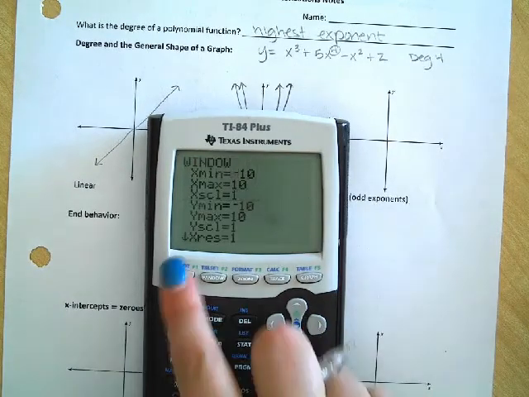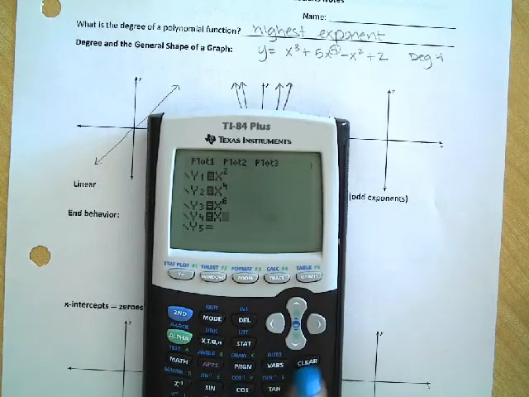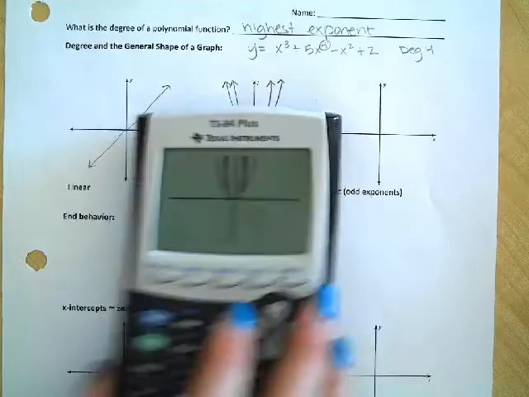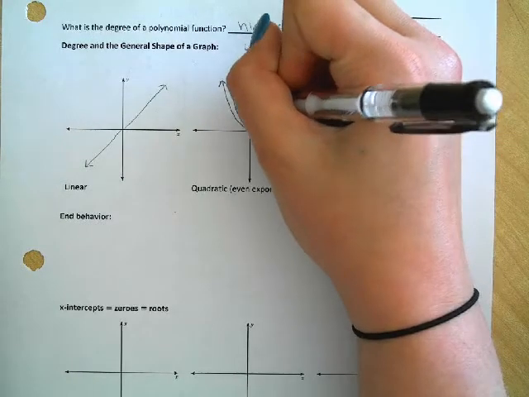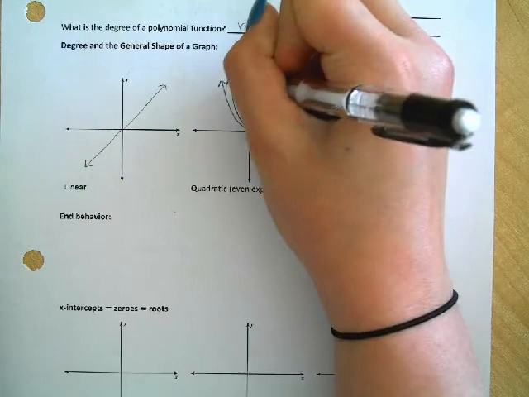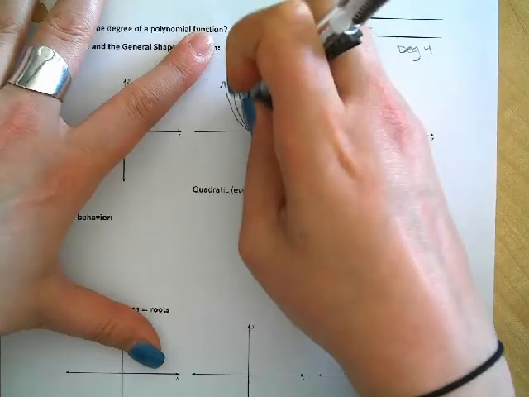And then if I did x to the 8th, it would do the same thing, it would just be skinnier. So whenever we are looking at something with an even exponent, when it has an even degree, we know that overall the graph is going to be kind of U-shaped. That was not symmetric at all.